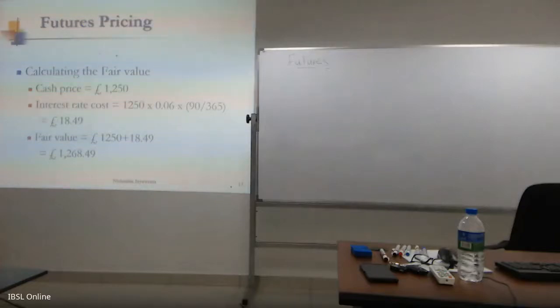Because this contract is only for 90 days, the applicable interest rate would be the rate prevailing as at today when you enter into a transaction for a 90-day period. If it is a one-year contract, it should be one year. So if you calculate a 90-day forward exchange rate, dollar sterling, the interest rate that you use for sterling is the 90-day sterling interest rate.